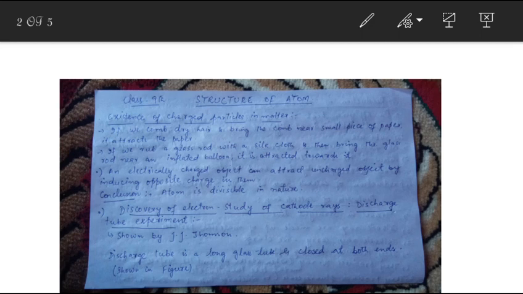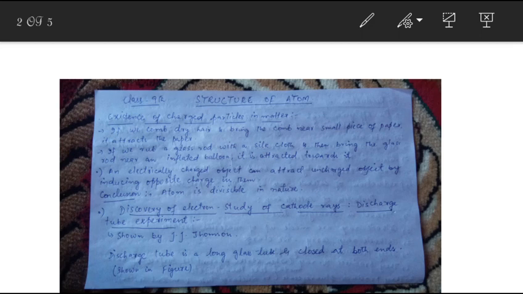But the postulates were disregarded, because of scientists who came after him, like J.J. Thomson, Rutherford, and Niels Bohr. They explained the structure of the atom on the basis of their experiments.